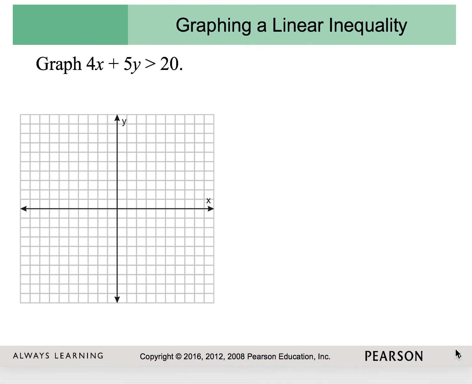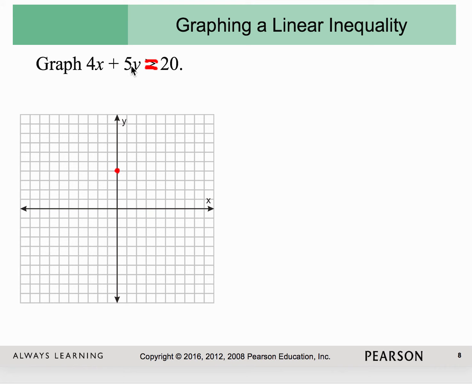All right, one more. This one is set up perfectly for the intercept method. So first, I just imagine it's an equation so I can find that boundary line. If x is 0, this is gone, y is 4.